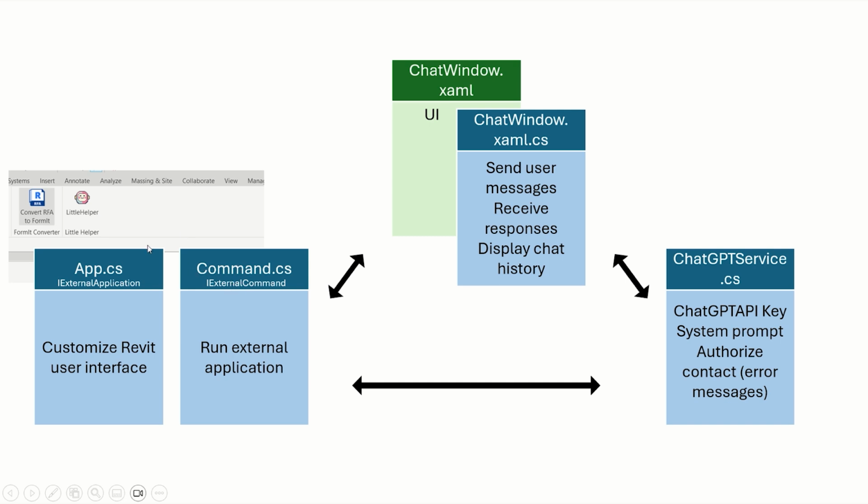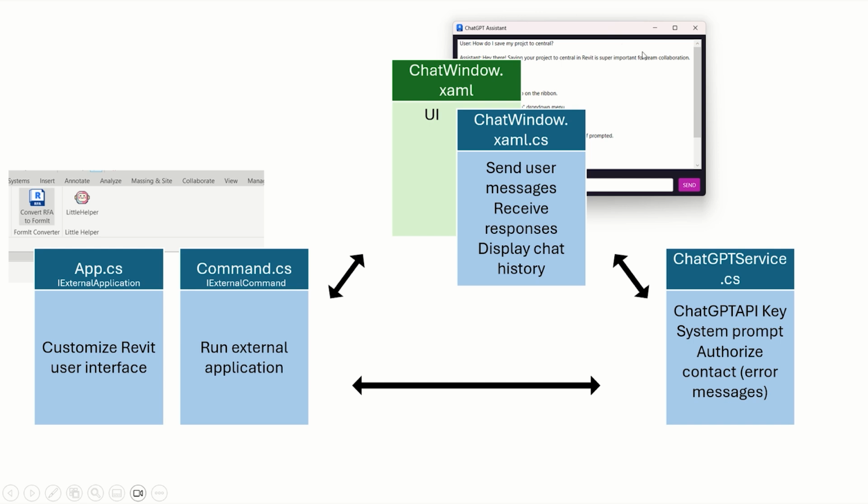And then the command CS is the functionality of what happens when I click on it, that it opens our application. And then our application consists of the user interface, which is called chat window. So this is what you saw before, where you can type in your questions and receive responses. So that consists of 1, the XAML file.